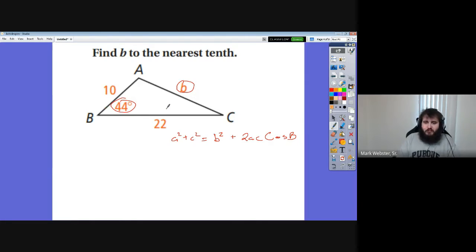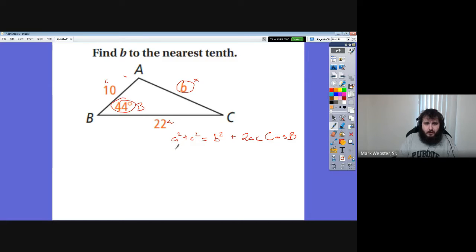But now I can do this. So look, what's what here? Here we got big B, right, is 44. Little c is right here. Little a is right here. And little b, that's what we're trying to find, right? So let's plug everything in where it goes.